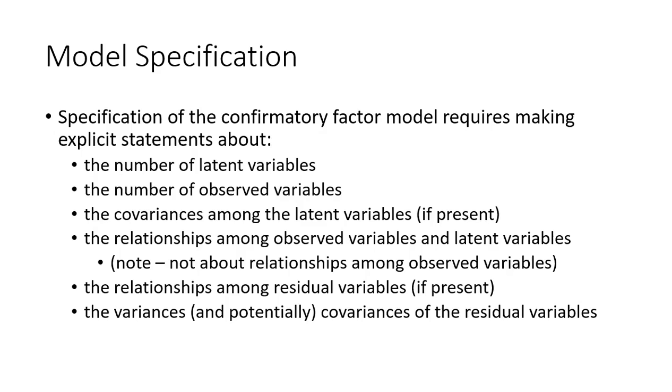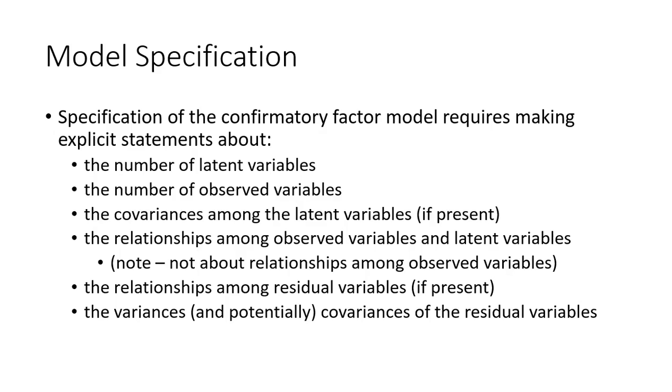A couple of things I skimmed over here: you have to specify the variances of all the observed variables, which is the same thing as saying how much of the variance in the observed variable is accounted for by the latent. Everything that's left over that isn't accounted for by the latent has to be modeled as the residual variance of the observed variables.